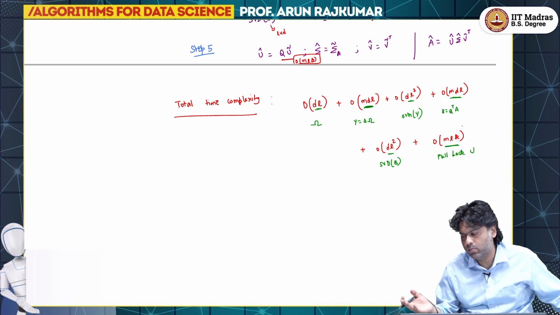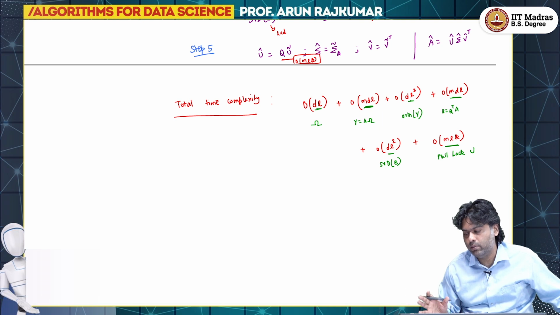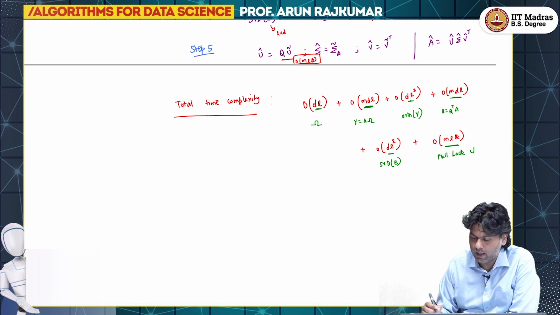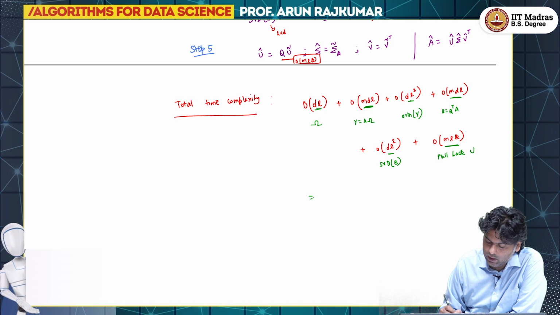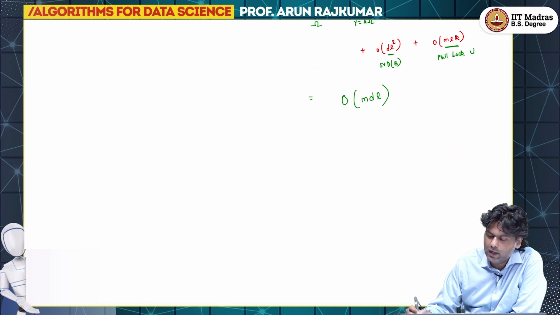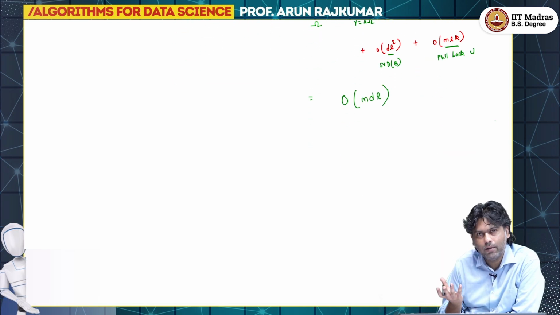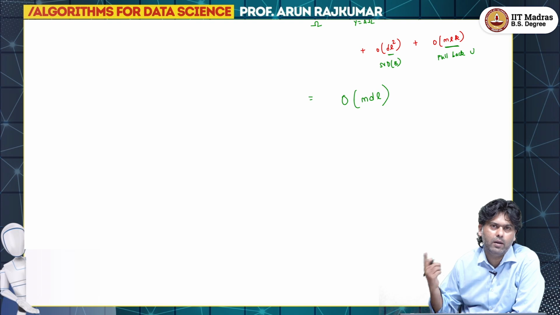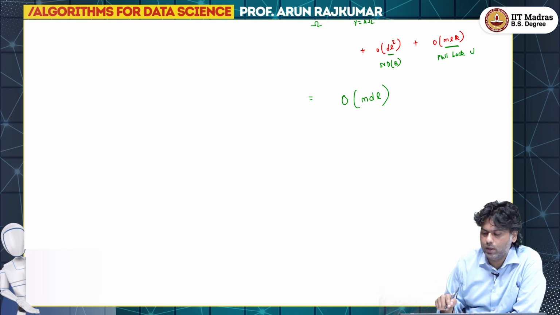Well, k is also smaller than d, so this is also going to be smaller than mdL. So the whole thing is going to be order of mdL, right? Where L, you can think of roughly as k for now. So that's the number of random Gaussian linear combinations that I'm actually computing. So that is going to be mdL.